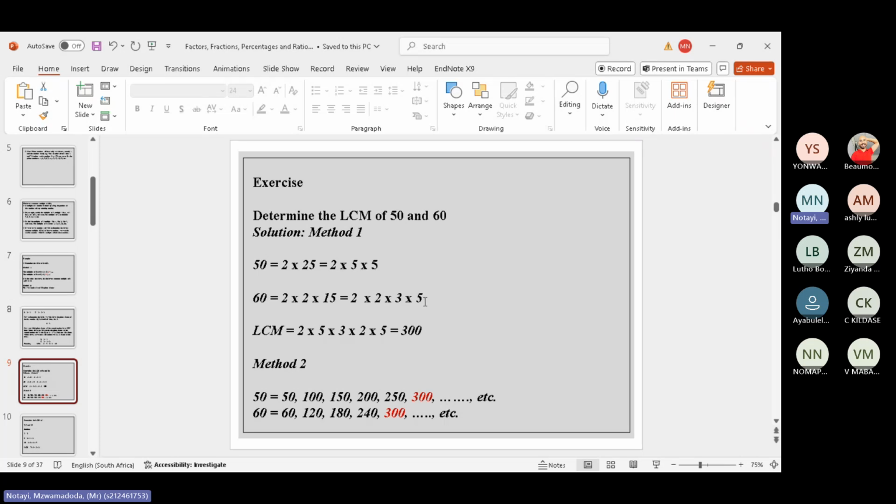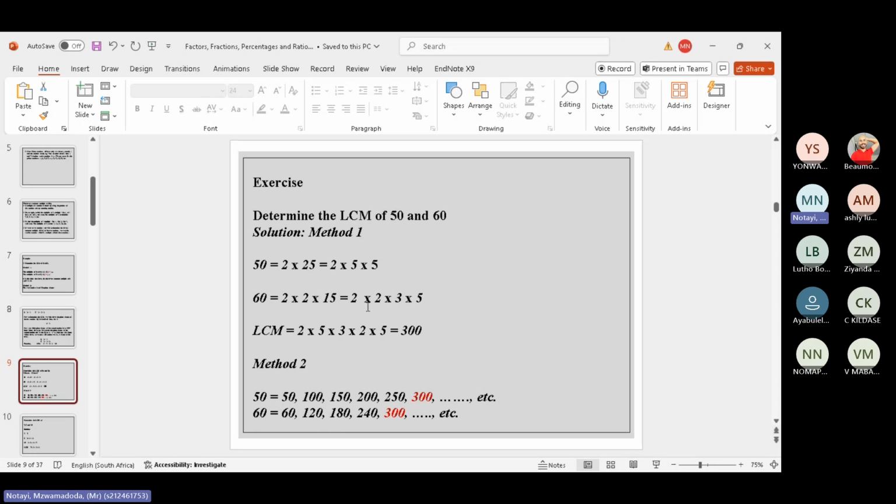And therefore, the LCM is equal to 2 times 5 times 5. You take the whole thing, 2 times 5 times 5, and then go to the second number, that is 60. We have 2 times 5 times 5 from the first number, and then multiplied by, we have already written down one 2 of the second number, so you don't have to include that.